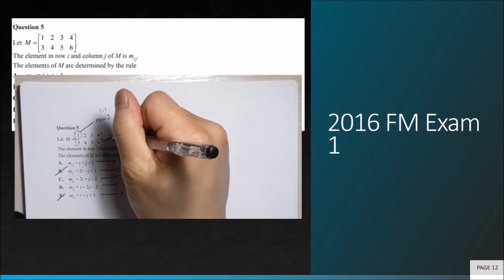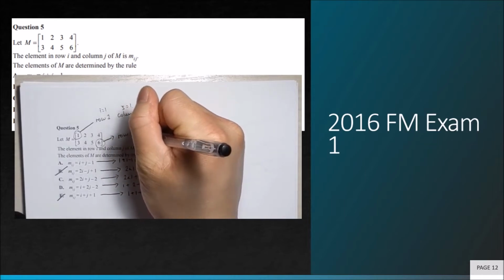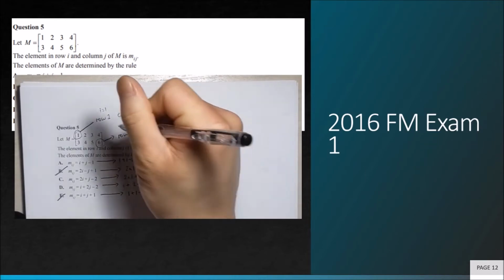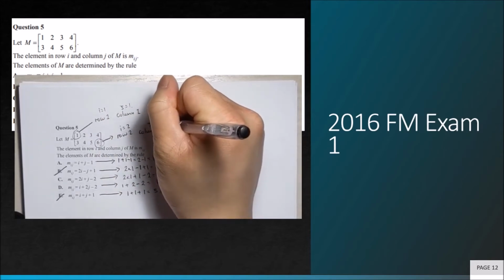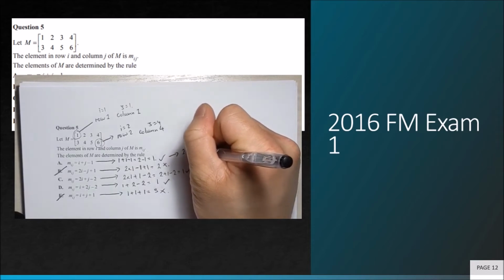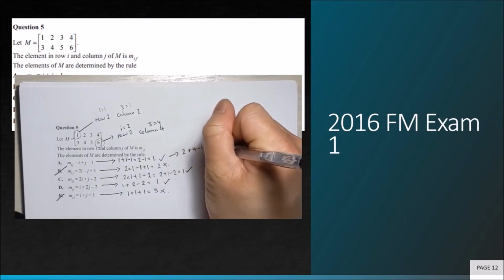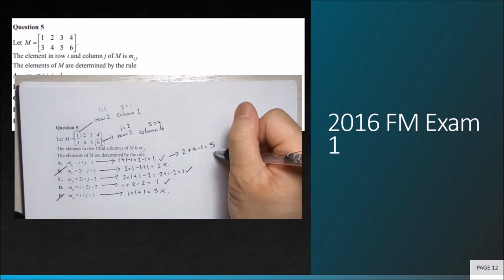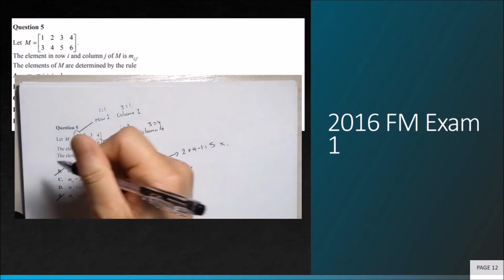Now I'm going to check the extreme, which is 6, which is row 2, column 4. So that means i equals 2, j equals 4. In the first one, i equals 2, so that's 2 plus j, which is 4, minus 1, which equals 5. Now that number there is a 6. This number we got is a 5, so that doesn't work out.